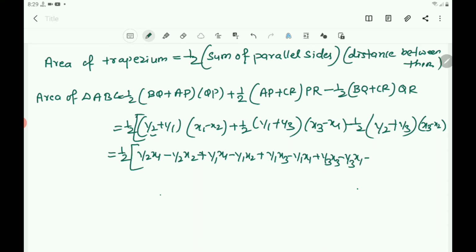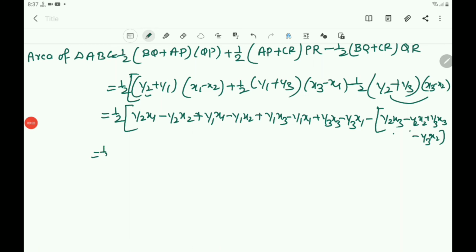Then there is a minus sign outside, so minus of y2 x3, minus y2 x2 becomes plus, plus y3 x3, minus y3 x2.